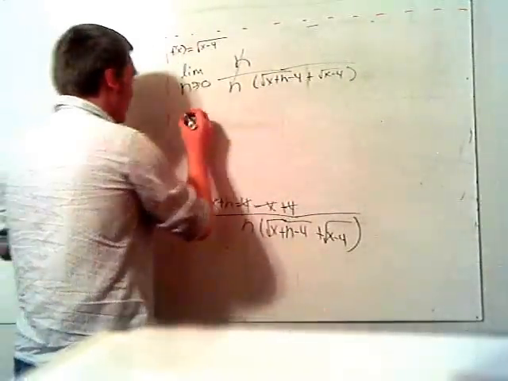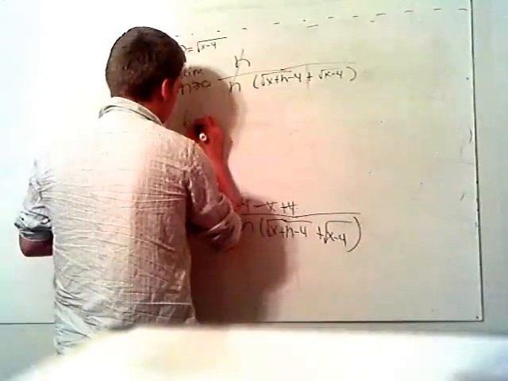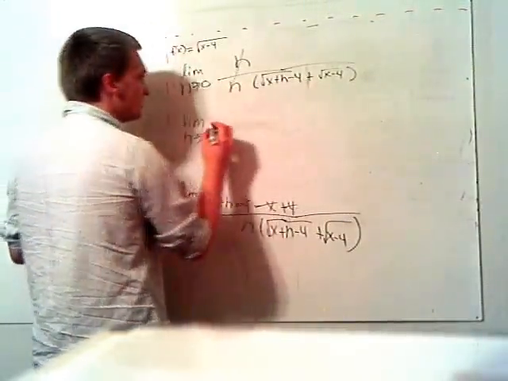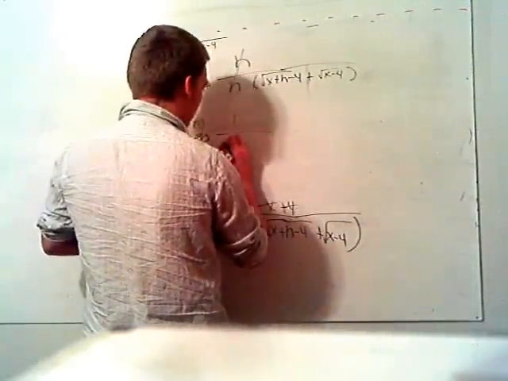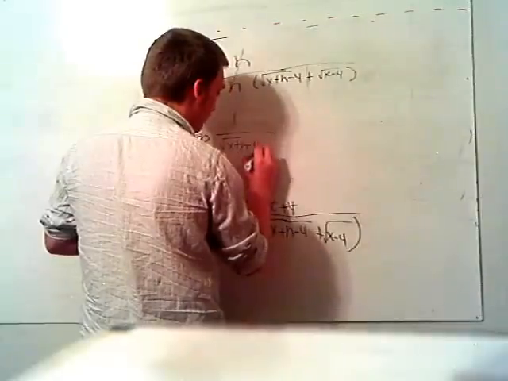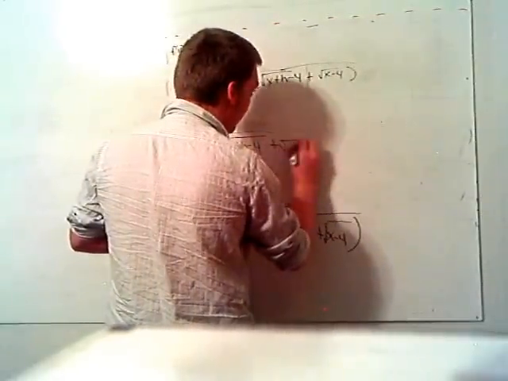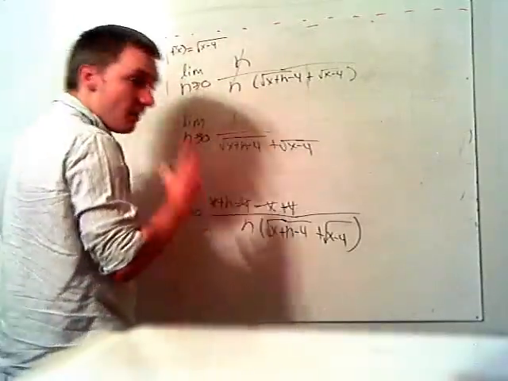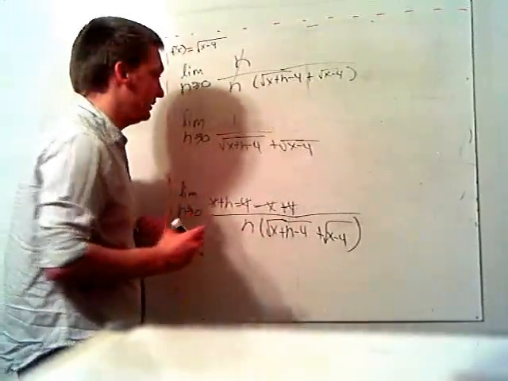So now this becomes the limit, and always write your limit, as h goes to 0 of 1 over the square root of x plus h minus 4 plus the square root of x minus 4. Now we can evaluate our limit and see what we get.